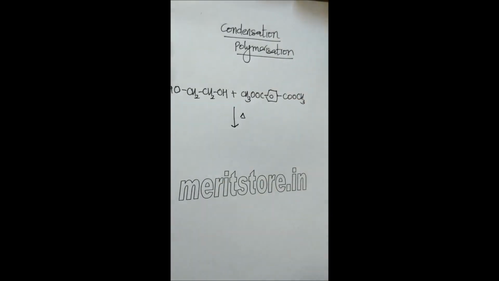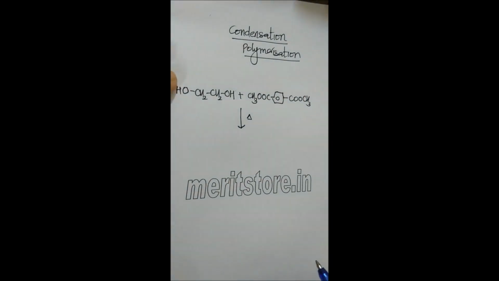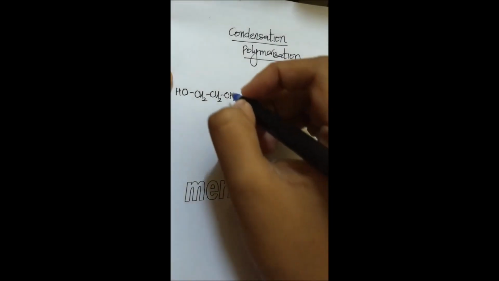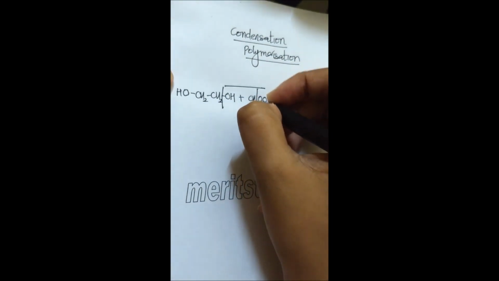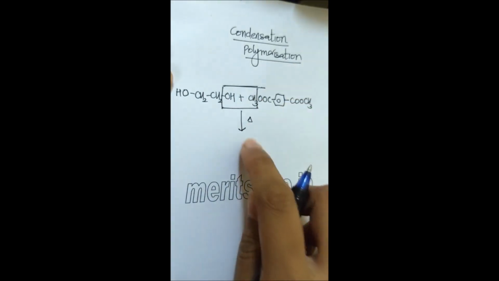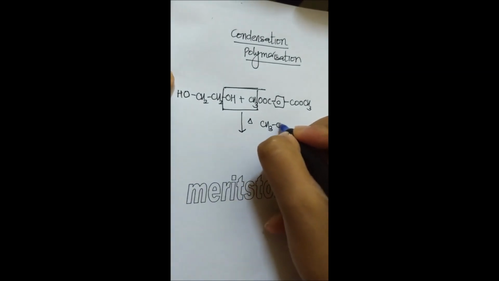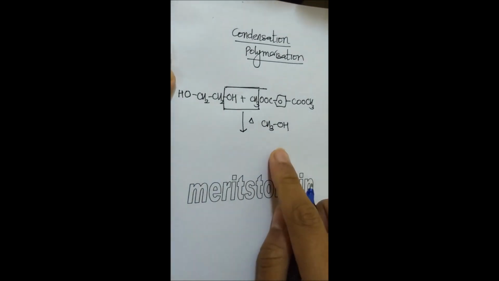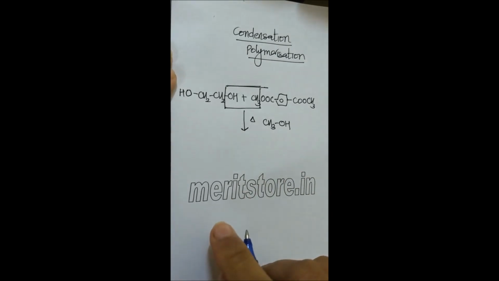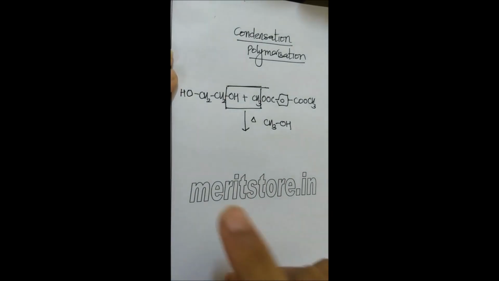On heating ethylene glycol and dimethyl terephthalate, there is an elimination of a CH3OH, that is a methyl alcohol molecule, and what I get is terylene.